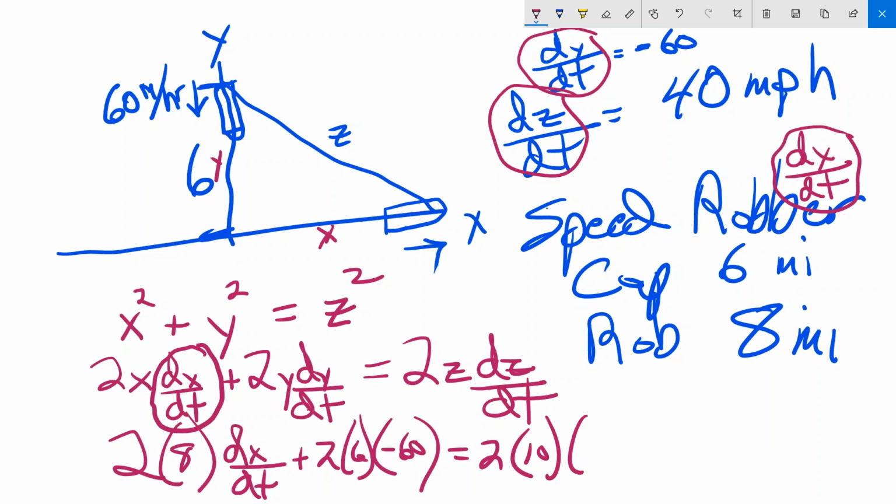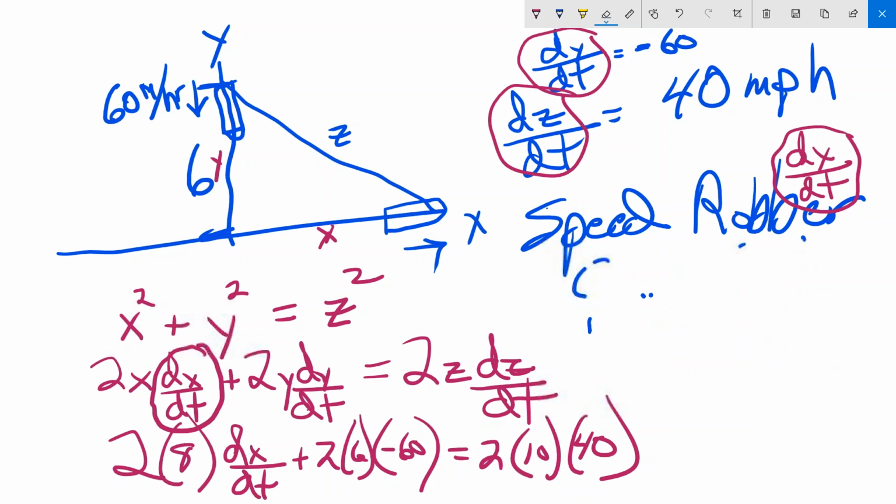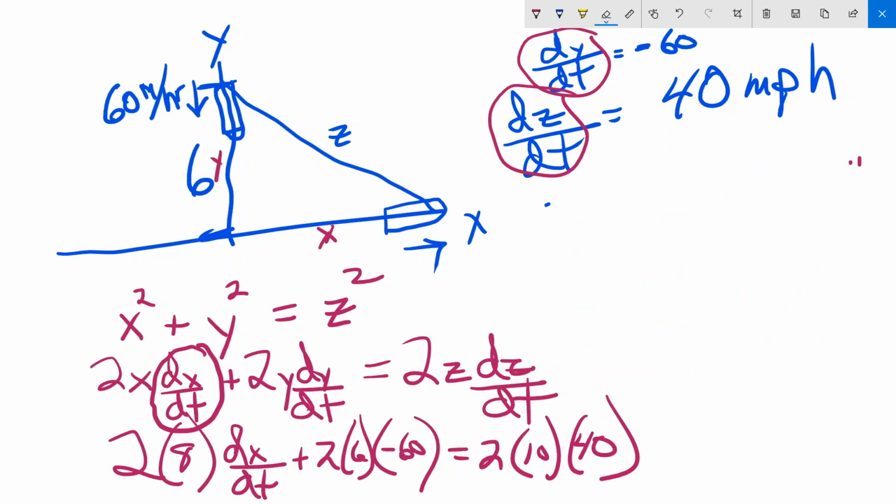So 400. Okay, so there's our equation. We're only missing one variable. We should be able to solve for dx/dt, and hopefully it will come out positive. If it comes out negative, we've made a mistake, because we know that dx/dt is positive.